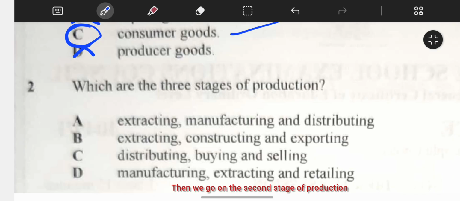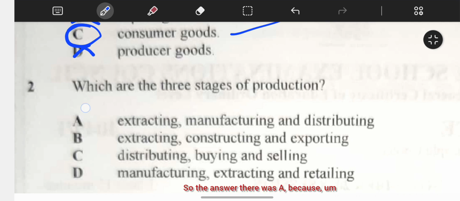Then we go on to the second stage of production, which involves the manufacturing of raw materials into finished goods and semi-finished goods. So on the second stage of production, the answer has to be about manufacturing. And the last stage of production, which is tertiary production, deals with the distribution of finished goods.